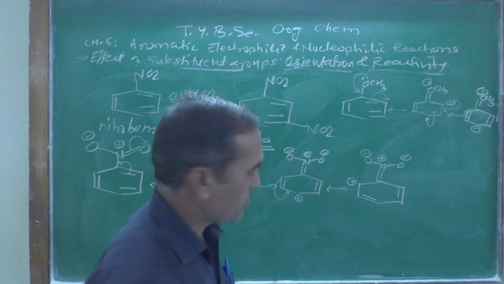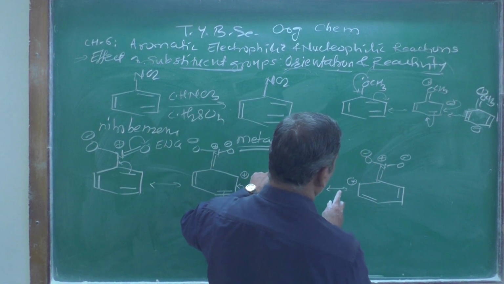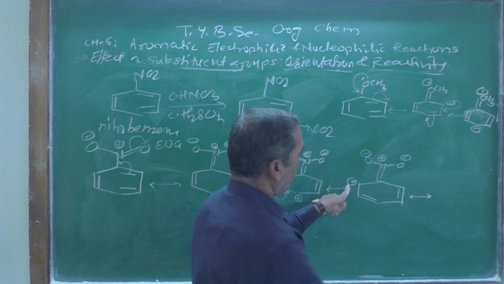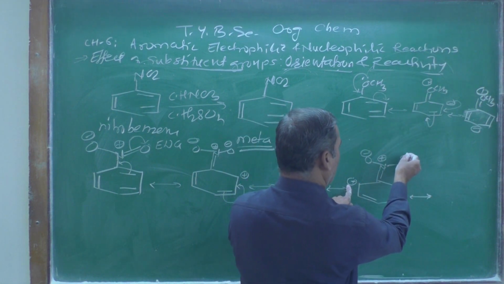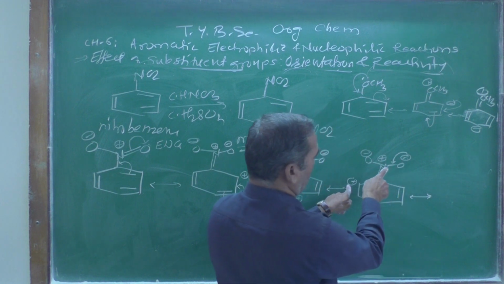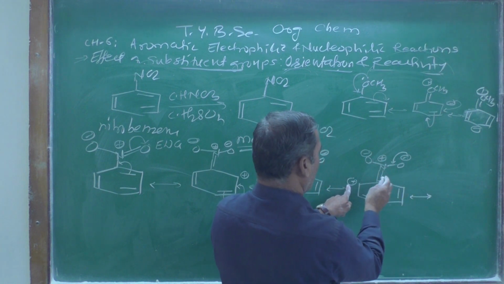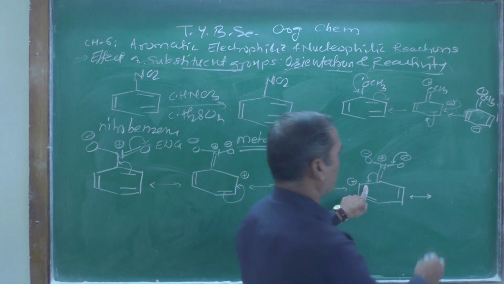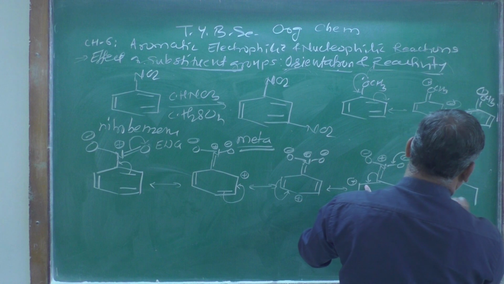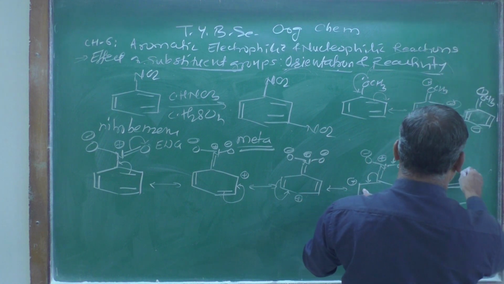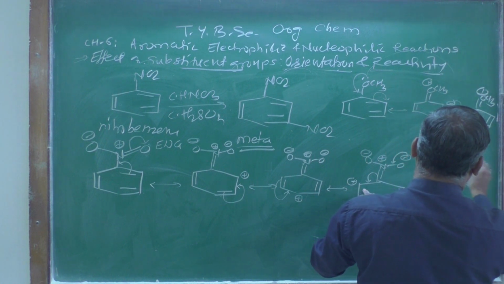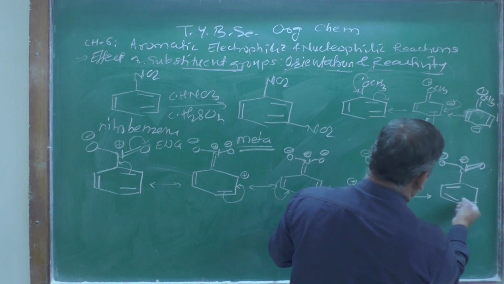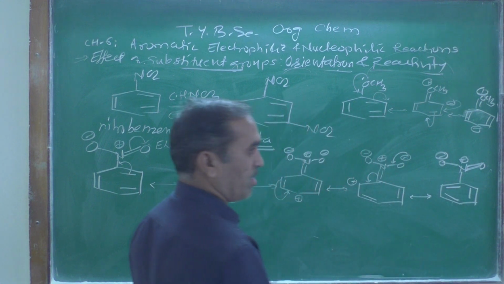Now when this is happening, what is going to happen? Remember, here also most of the students get confused. Now this negative charge comes back, forming a double bond between this nitrogen and oxygen. This double bond shifted from here to here, forming a double bond over there, and you finally get this one: double bond here, nitrogen, double bond O, positive charge still remains on it, this double bond as it is, and this double bond also as it is.